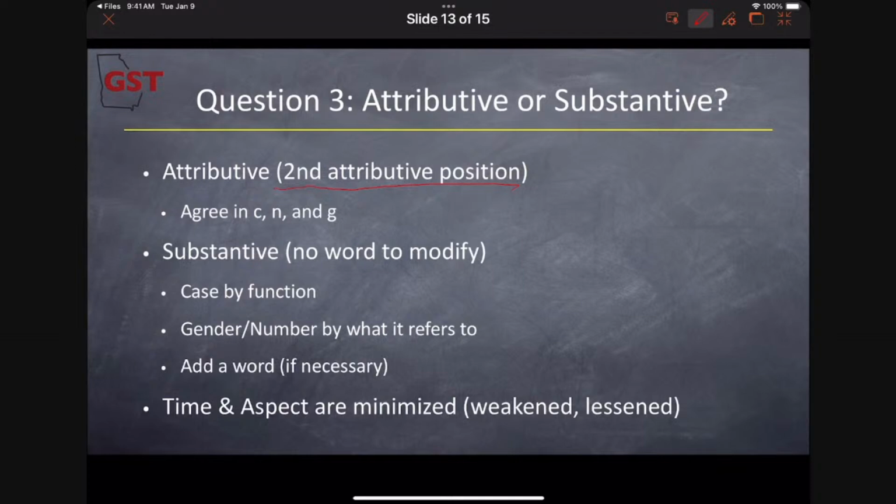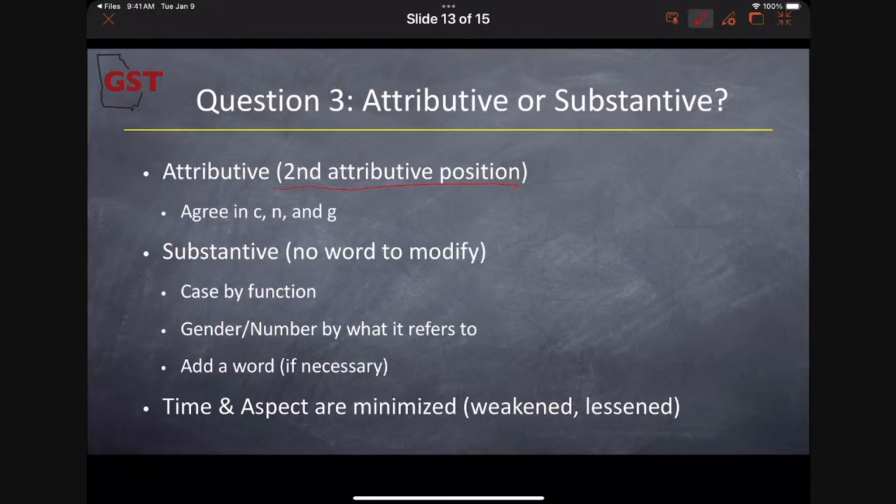If it's attributive, the article will be with the adjective. If there is no article with the noun it's modifying, then it's in the first attributive position. In other words, you have the noun, the article, and then the modifier or the adjective. That would be the first attributive position. It doesn't matter what order you're in here.